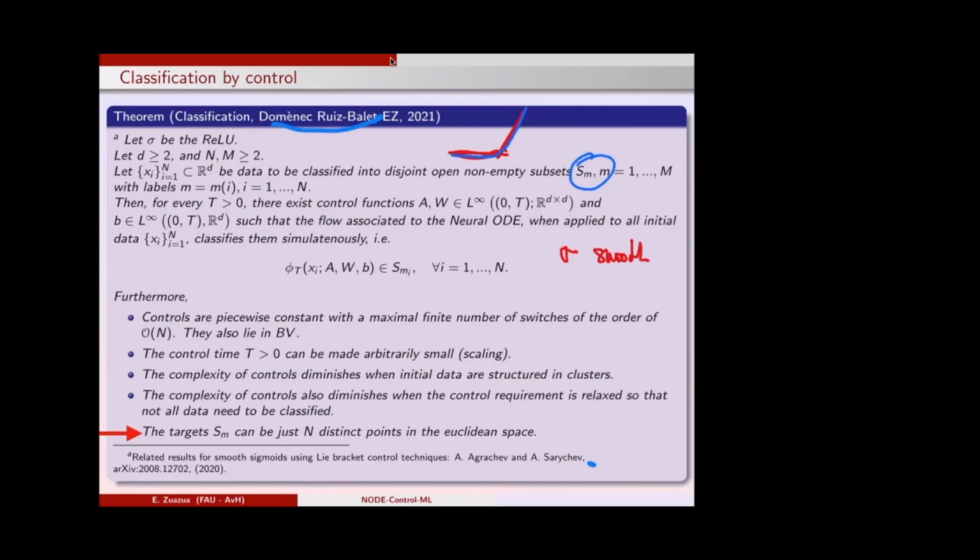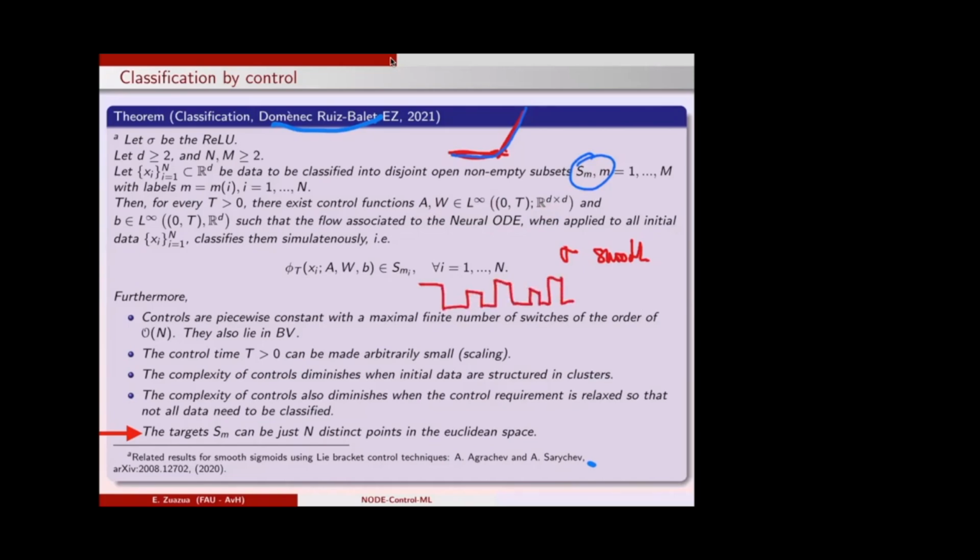You can also do it for smooth cases, right? Actually, because the arrival condition of getting to an open set is open, as I said, also what we did with piecewise constant controls, right? We use controls that were piecewise constant.